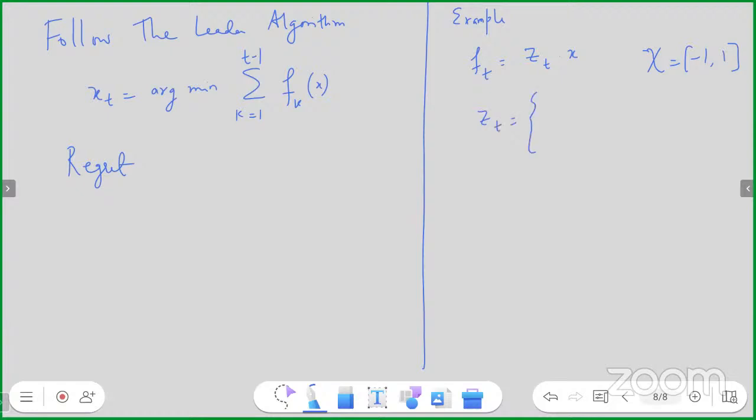It takes three possible values: minus half at t equal to 1, 1 when t is even, and minus 1 when t greater than 1 is odd. Okay. Is the function clear? Now tell me what the xt's are going to be for your algorithm, and what you would have liked.